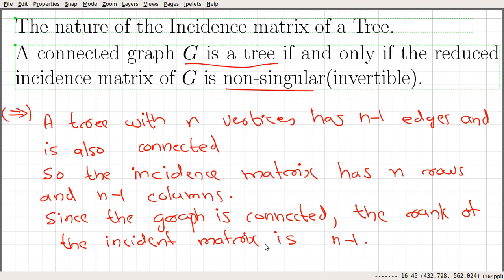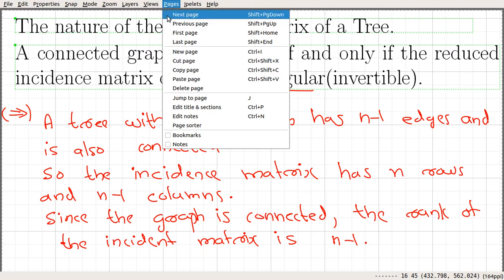From linear algebra, we know that if you have a square matrix of full rank, then it is invertible. In this case we have a square matrix of order n minus 1 by n minus 1, and the rank is n minus 1, so it has full rank, so that matrix is invertible. That is what we are trying to prove here. Let me complete the proof.